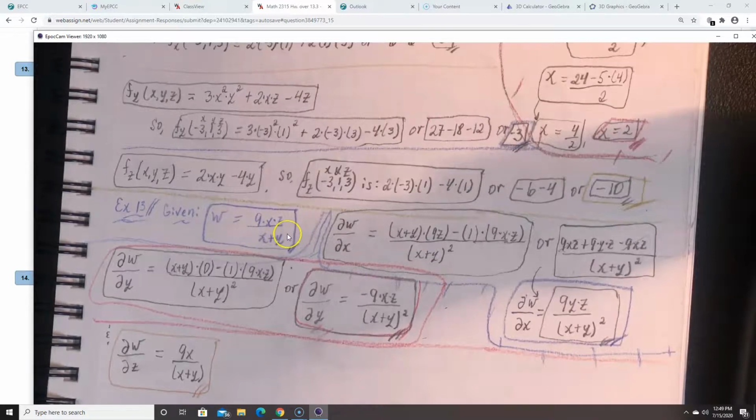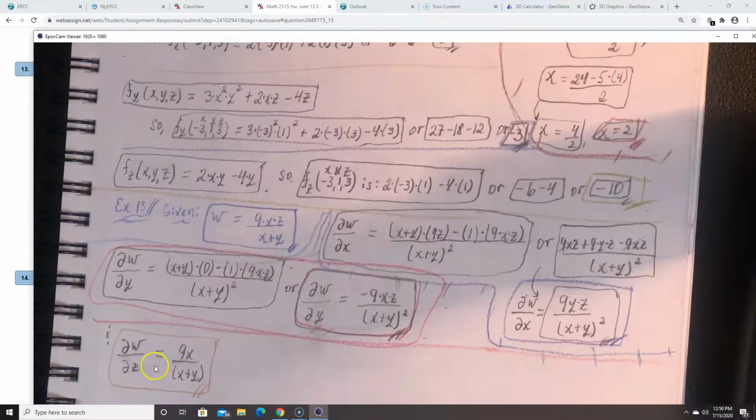Because the x plus y is considered a constant, a brand new constant. If you had 9 over 4, the 9 over the 4 would wait, and the x would wait. And you differentiate z with respect to z, and that's 1. So you get 1 times x times 9, which is 9x, over x plus y.